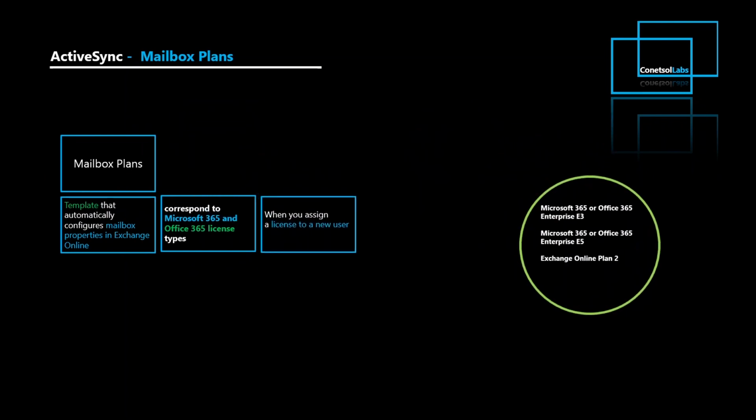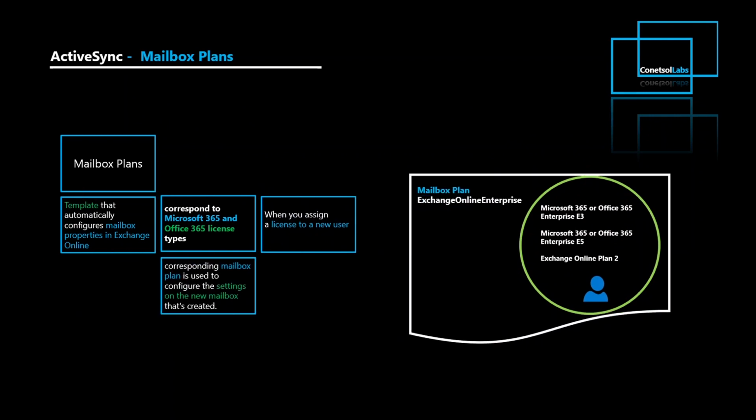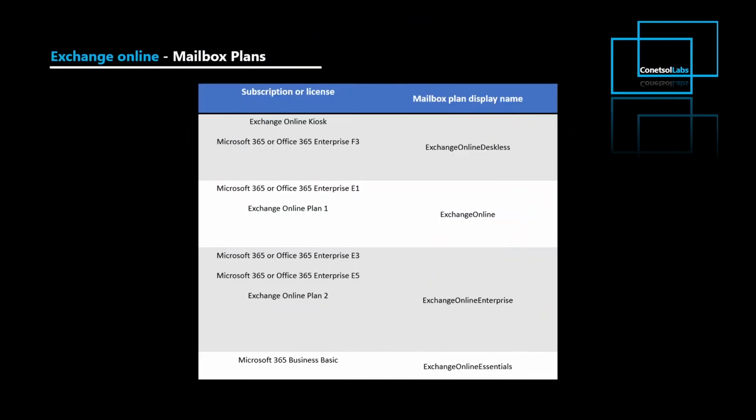When you assign a license to a new user, the corresponding mailbox plan is used to configure the settings on the new mailbox that's created. Here is the list of mailbox plans for subscription or license.